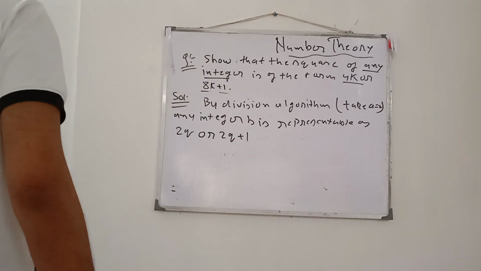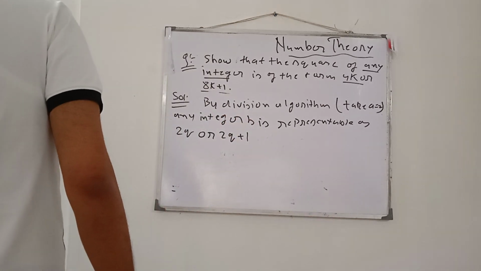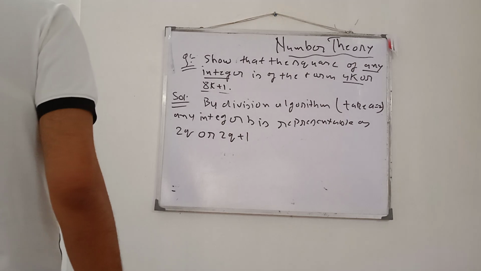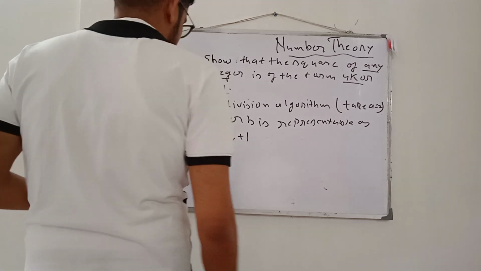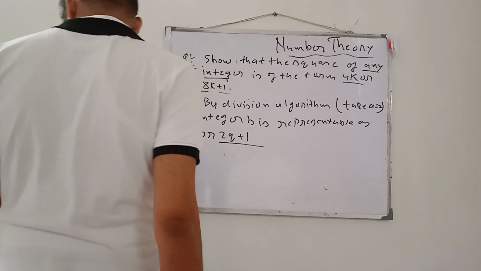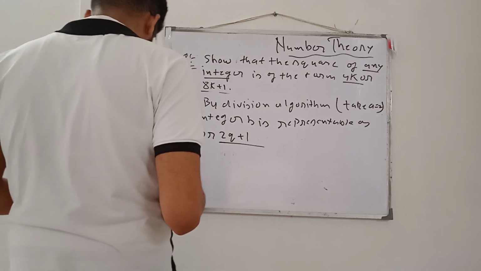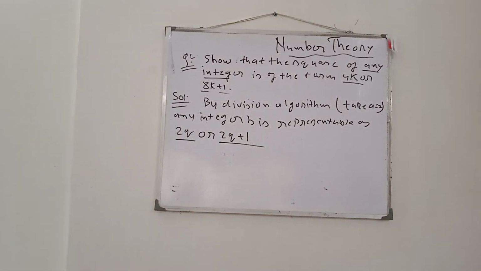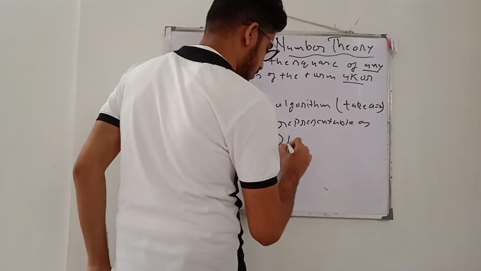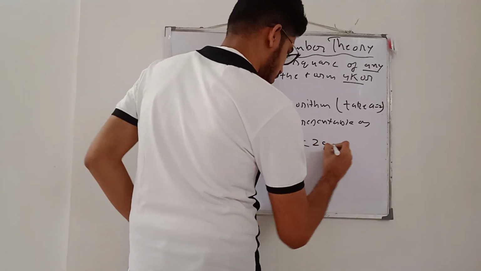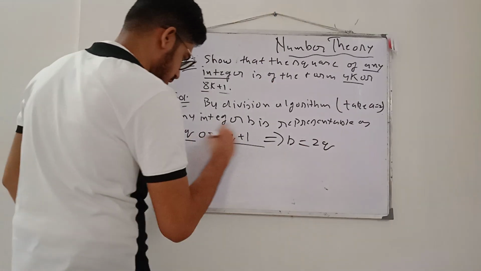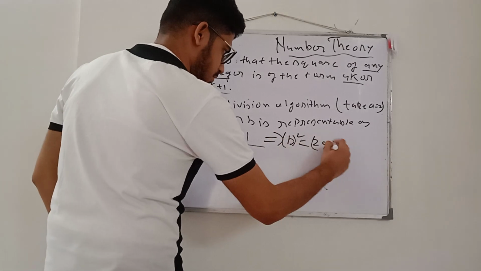Yeah, they are taking like this, 2q. Okay, if b is equal to 2q, now we are squaring both sides.